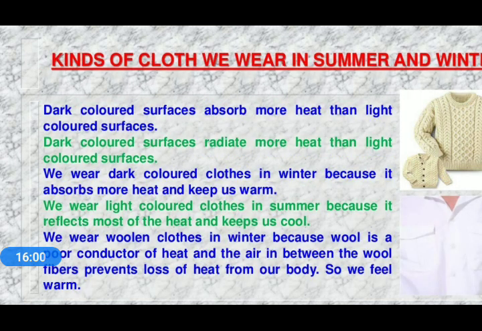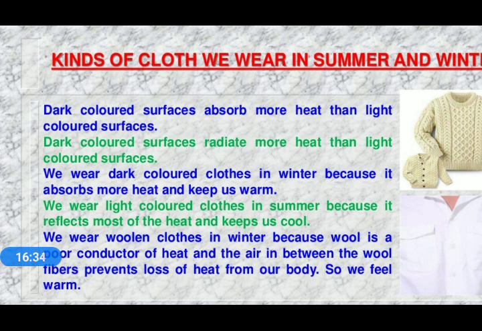What kinds of clothes do we wear in summer and winter? As we already discussed, dark color surfaces absorb more heat than light color surfaces, and dark colored surfaces radiate more heat than light colored surfaces. We wear dark colored clothes in winter because they absorb more heat and keep us warmer.